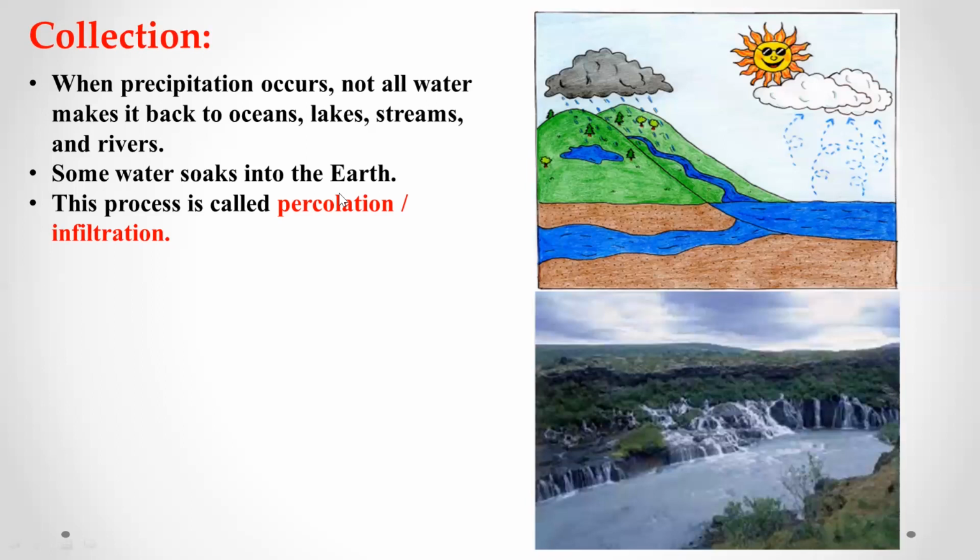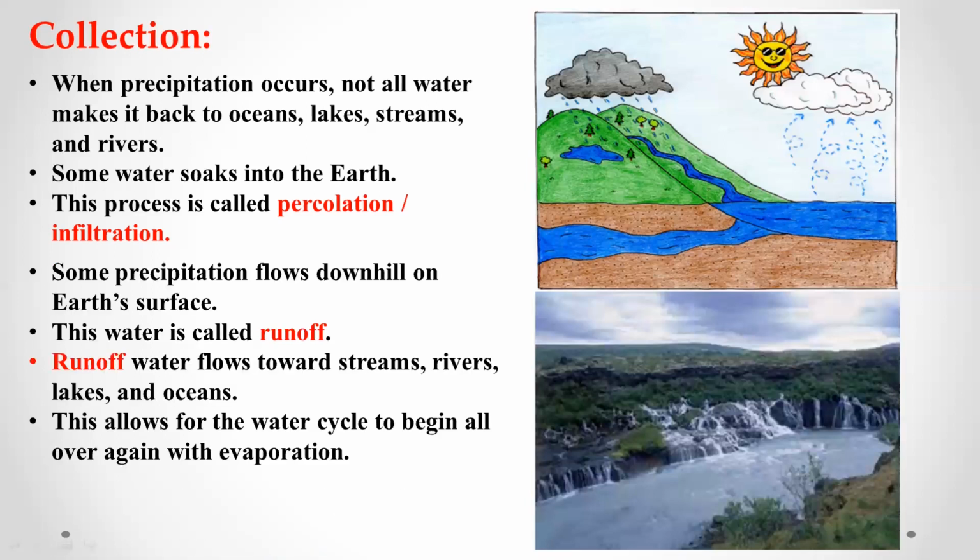Some precipitation flows downhill on the earth's surface, and this water is called runoff. Whatever is not percolated can just run off, and runoff water flows towards streams, rivers, lakes, and oceans. And this allows the water cycle to begin all over again with evaporation.